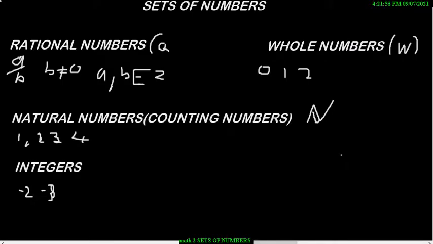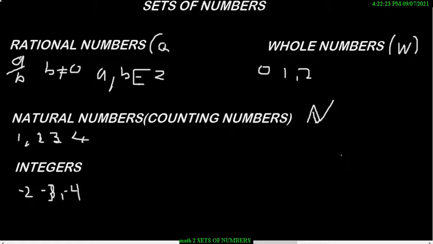Integers, like I was saying, are negatives and positives, all from negative infinity to positive infinity, 1 million, negative 1 million, all these are integers. And whole numbers, like I said, start from 0, 1, 2, 3.